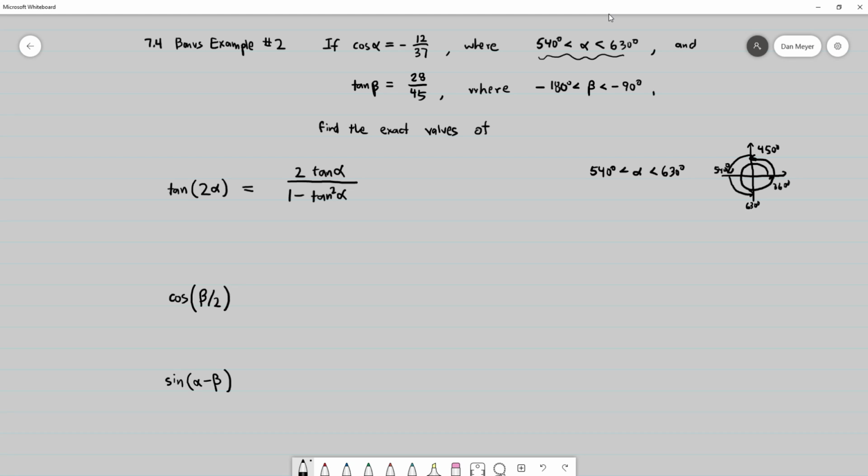All right, so we're in quadrant 3. So tangent of alpha is going to be positive in quadrant 3.